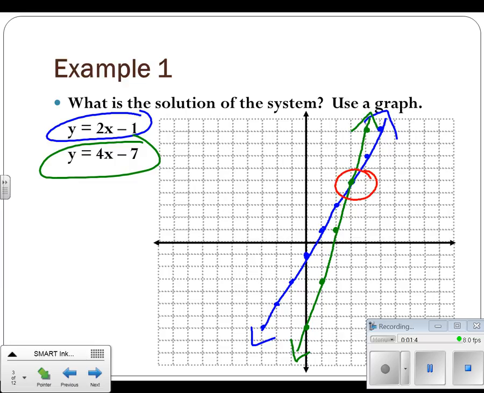That is the point that they have in common. And that point, that ordered pair, looks like we're at 3, 5. So 3, 5 is the solution because that's the ordered pair that makes both equations true.